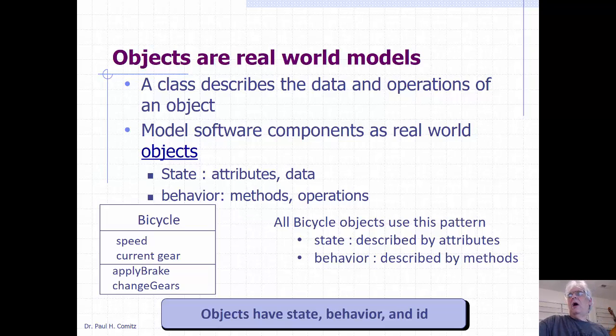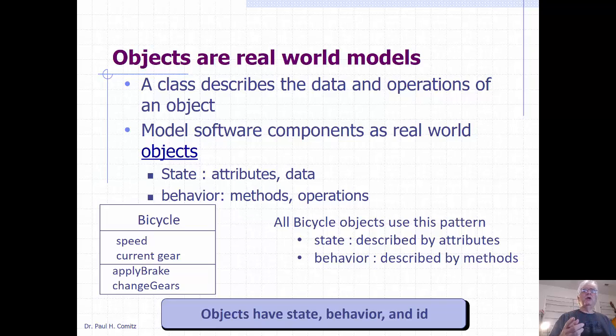And what are some of the operations you can do with a bicycle? We can apply brakes, change gears, and of course there are lots of other things we can do. So in our model, all bicycle objects use this pattern. The pattern describes the state and the behavior. The state is identified by the attributes, and the behavior is described by the methods or the operations.